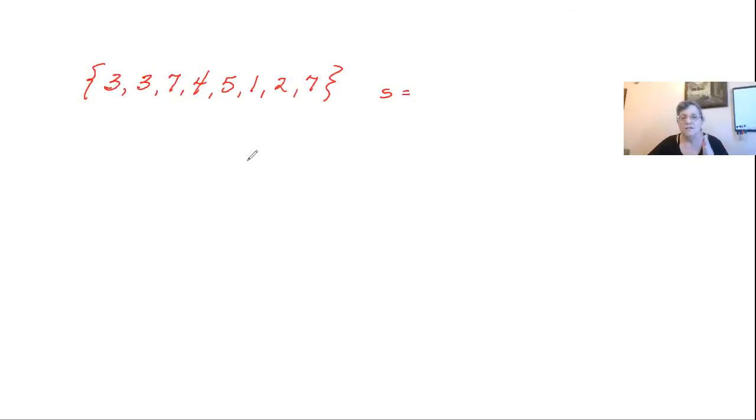If you've got a sample, then the sample standard deviation is not going to be exact for the population. And the reason we do samples is to try to predict things about a population.